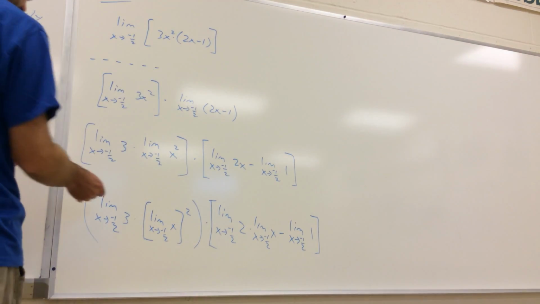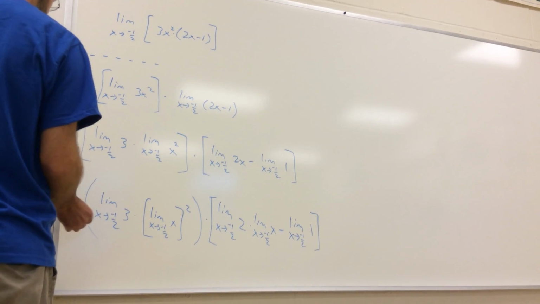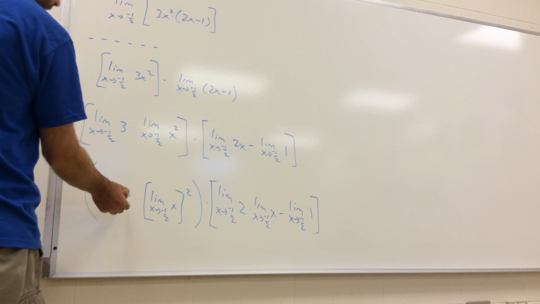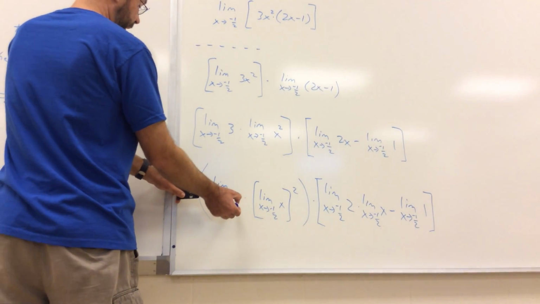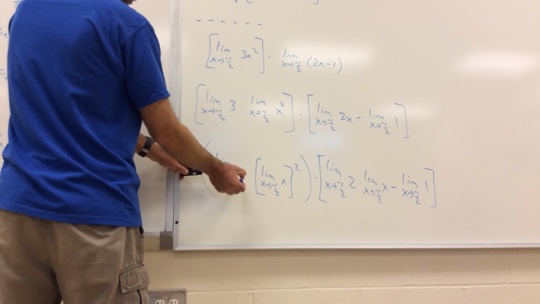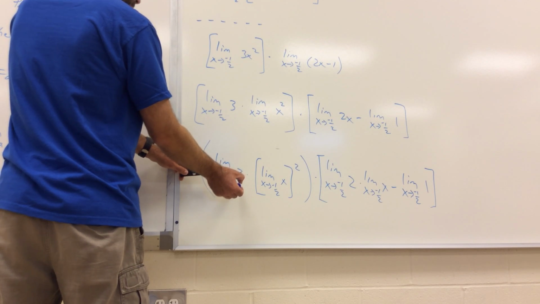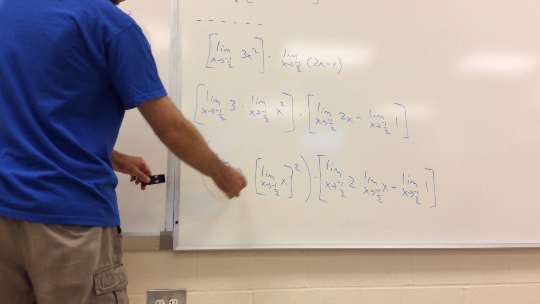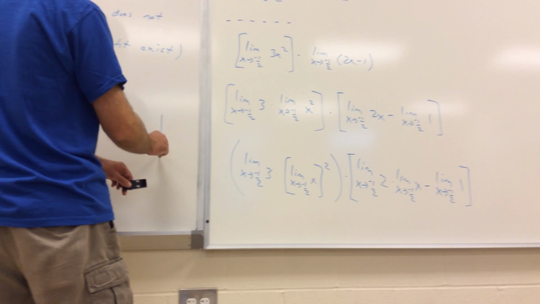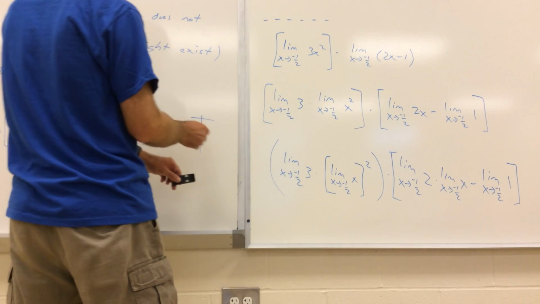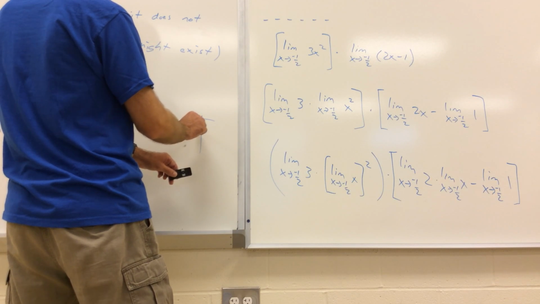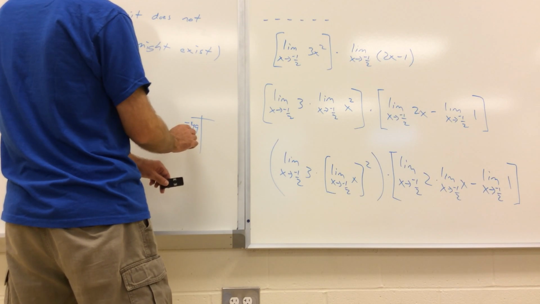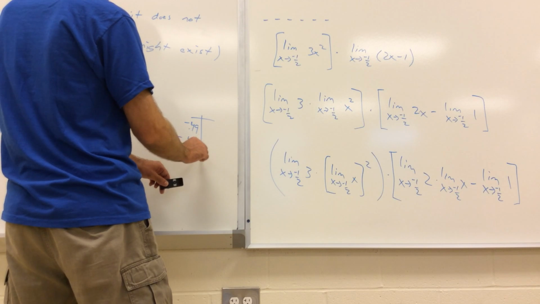So the first thing I'm going to look at here is the limit of 3. So this is a function, kind of. It's the function 3. And what this function outputs is 3 no matter what. So I can make a quick table for this. So I've got to pick numbers close to negative a half, right? So negative 0.49 and negative 0.499.